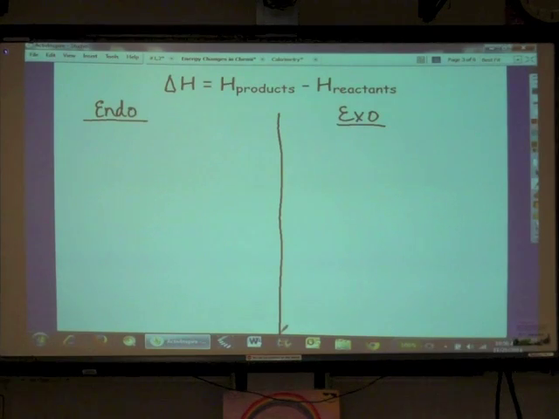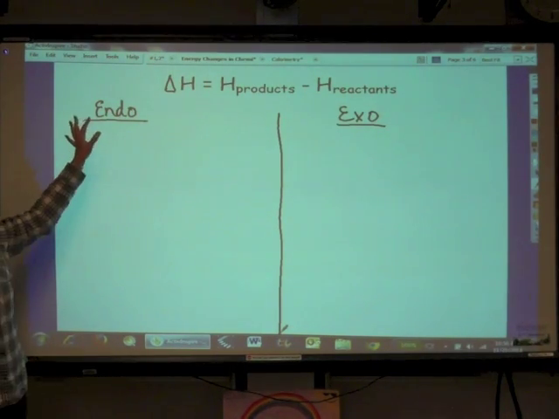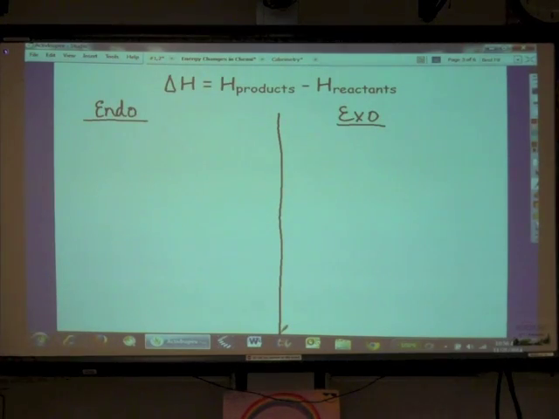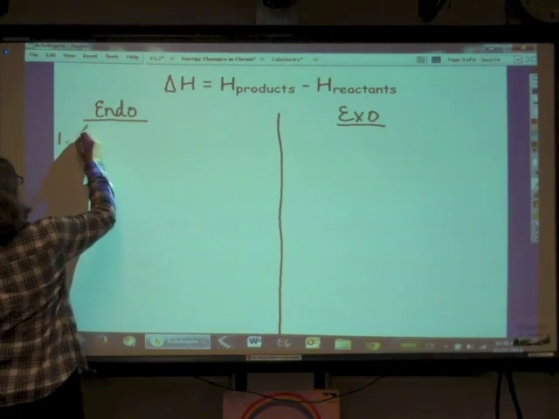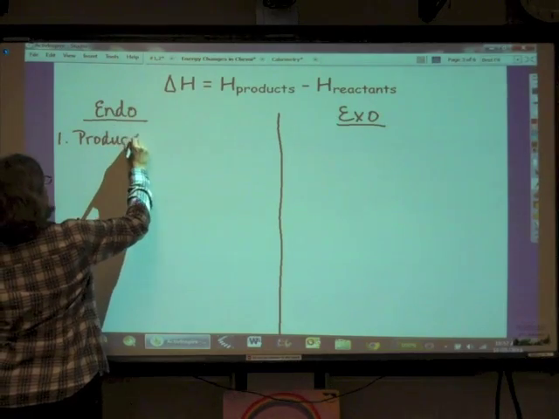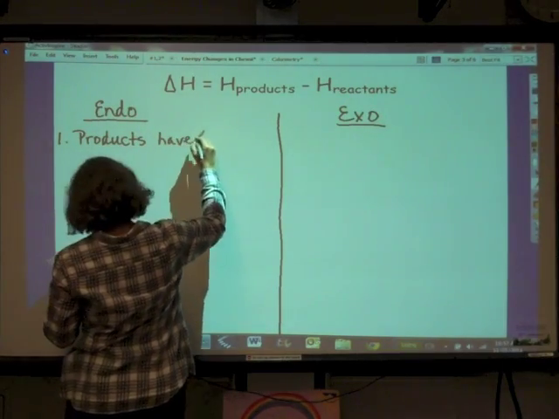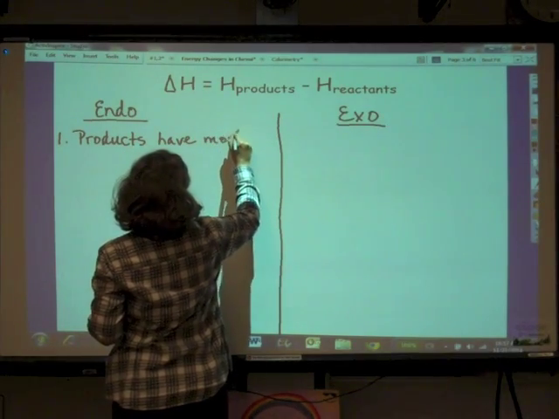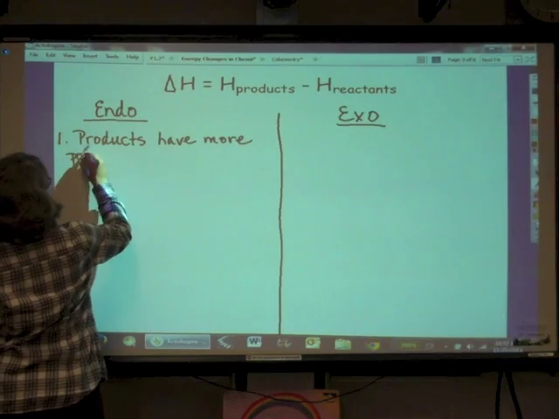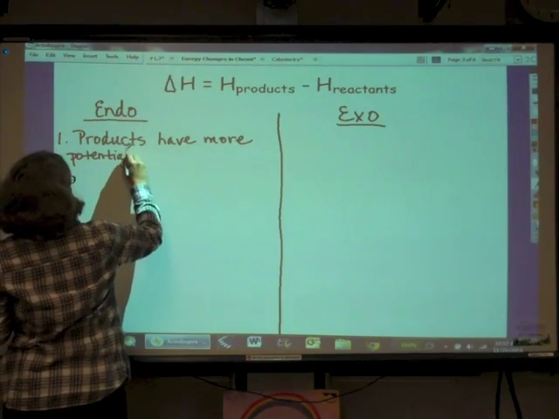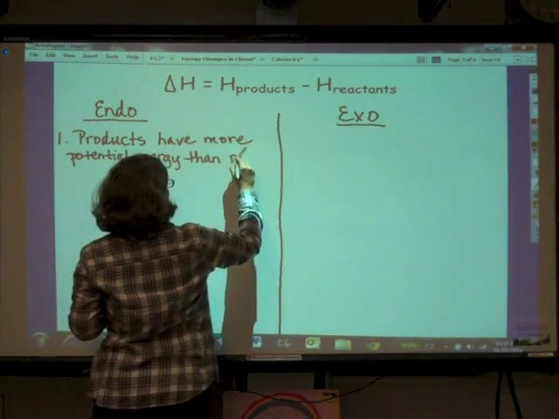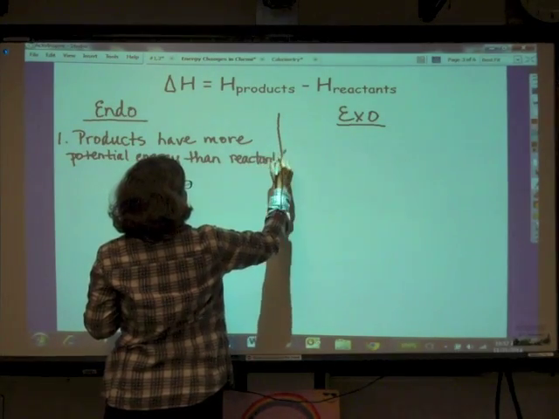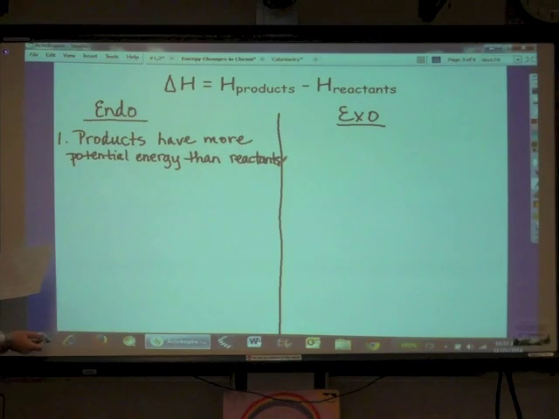Okay, so for an endothermic reaction, one that absorbs energy from its surroundings, the number one thing here is that products have more potential energy than reactants.